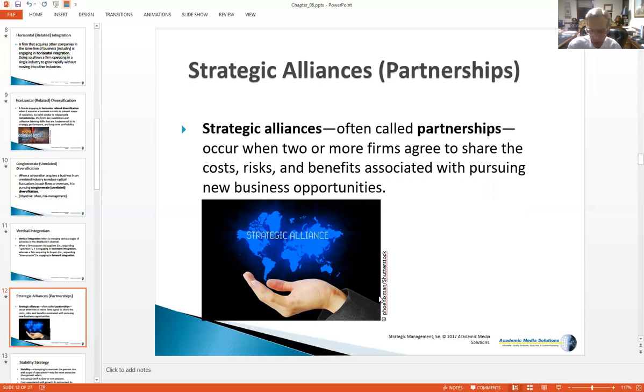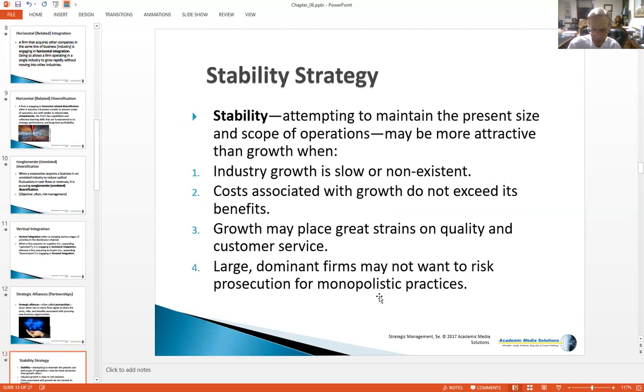But two or more firms simply agree to work together, share the responsibilities as well as risks. So we have risk sharing and responsibility sharing and of course reward sharing, depending upon how in-depth the combination is and the terms of the deal.